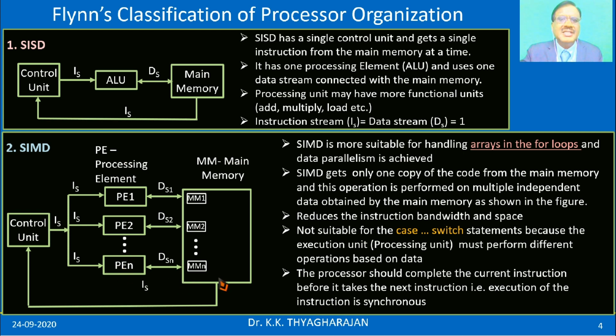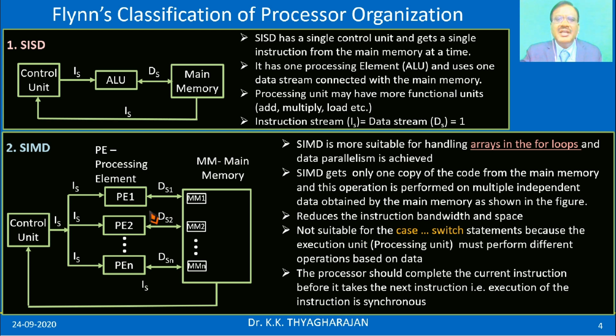So in this case, the addition is only one instruction. So single instruction is operated on multiple data streams. So it is more useful when you want to handle arrays in for loops.